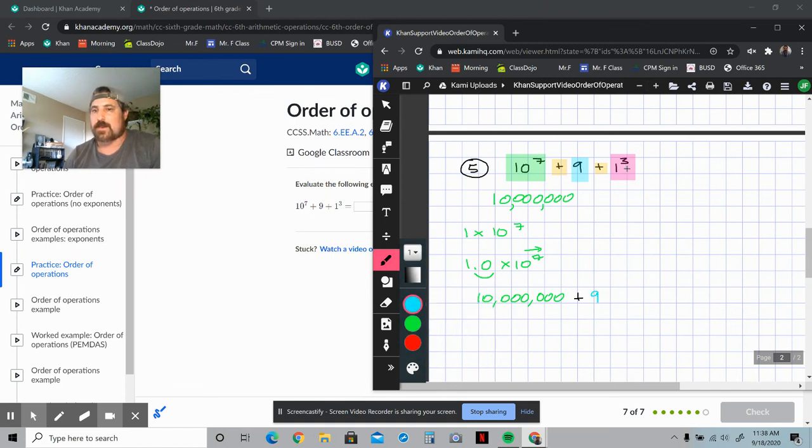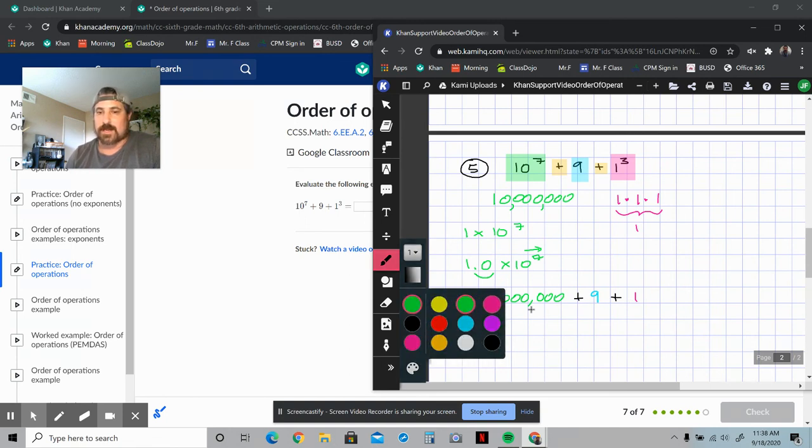And then you've got this value of 1 to the 3rd. Now, 1 to the 3rd is just going to be 1 times 1 times 1. And so what's that worth? That's worth 1, right? So what you actually have here is you have 10 million plus 10, right? Because 9 plus 1 is 10, so you're adding 10 to it. So it's 10 million and 10. So you're literally looking at 10 million and 10.